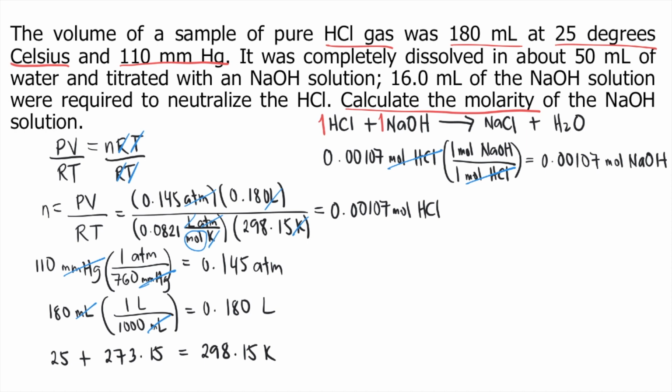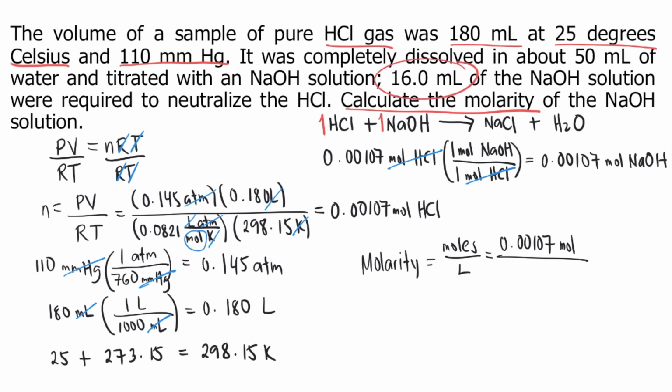Now that we have the moles of NaOH, the problem says calculate the molarity of the NaOH solution. If you can recall, what's the formula for molarity? Molarity is moles per liter. In the problem, our moles of NaOH is 0.00107 moles divided by, if you read the problem, the volume of the NaOH solution, which is 16 ml.